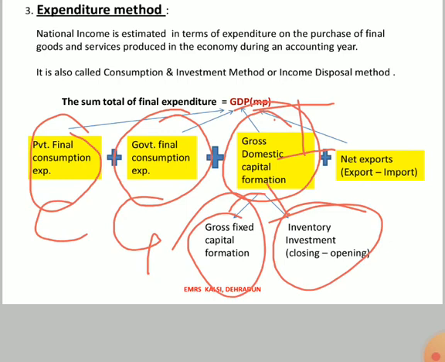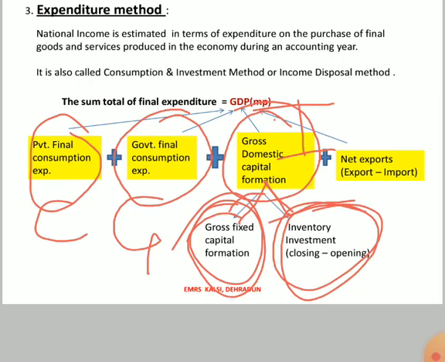So gross domestic capital formation is divided into gross fixed capital formation and inventory investment, also called change in stock. And what is the formula for change in stock? If it is directly given in your question paper that change in stock is 10 rupees, the value will be 10, so you have to write 10.